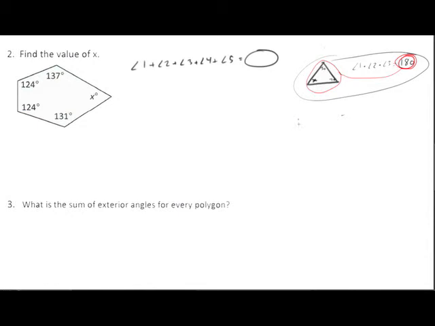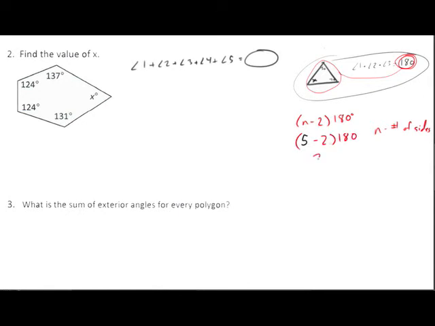To find what this angle is, I'm going to have to use n minus 2 times 180 degrees, where n is the number of sides. We already counted that there were 5 sides, so I'm going to just plug in 5 for n.